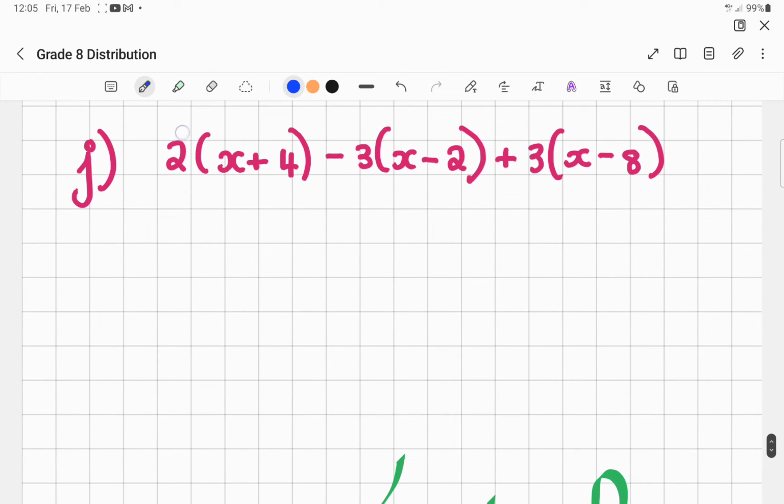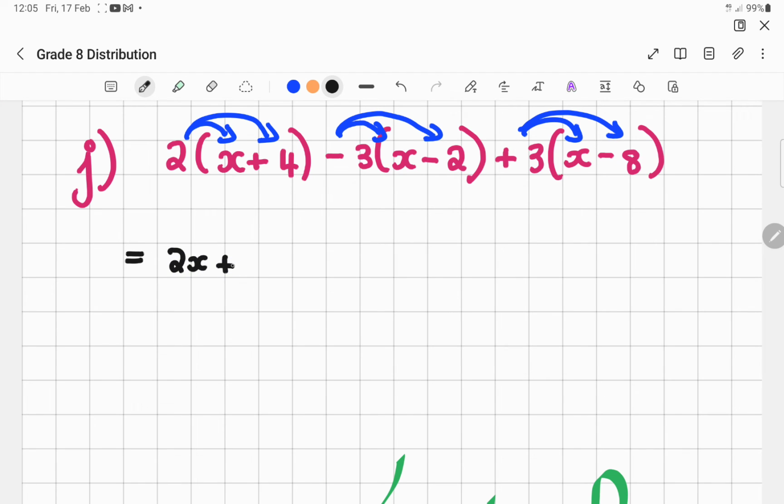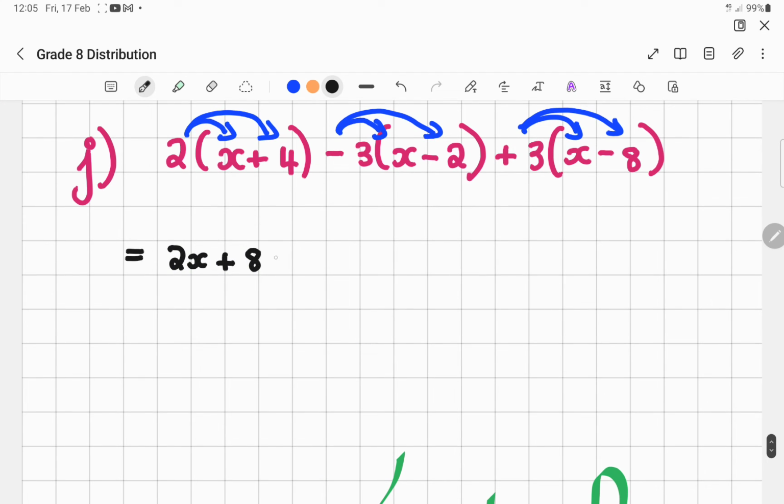Number J. All right, here we've got 3 distributions taking place. The 2 must go in. The negative 3 must go in. And the positive 3 has to go in. All right. So then we are left with 2 times x is 2x plus 2 times 4 is 8.